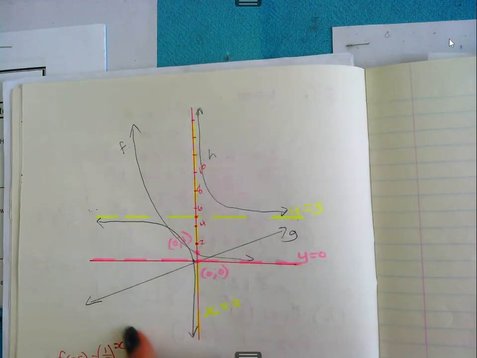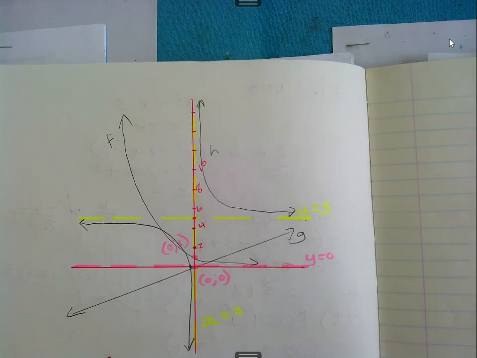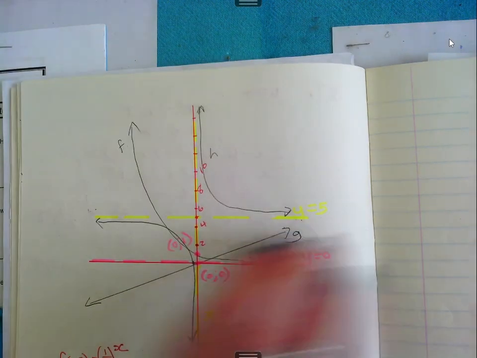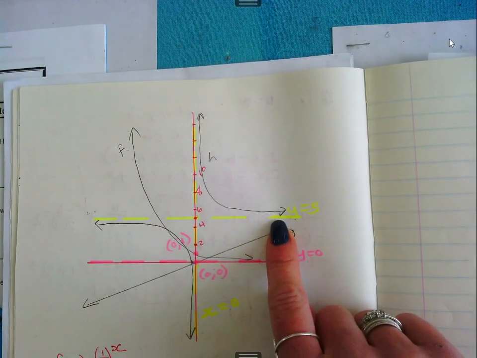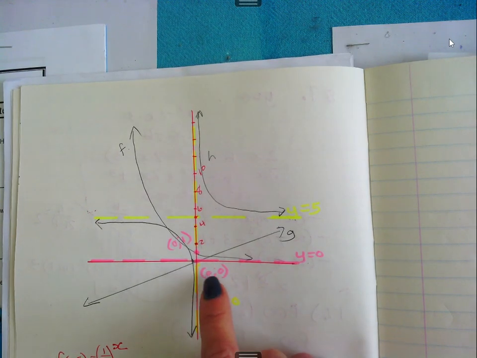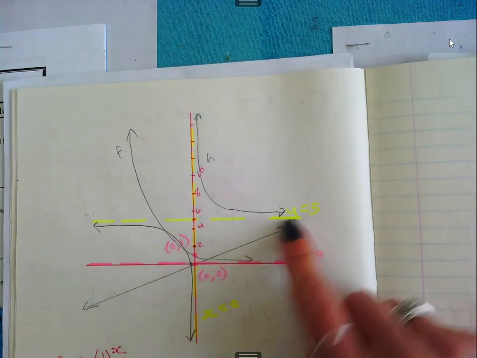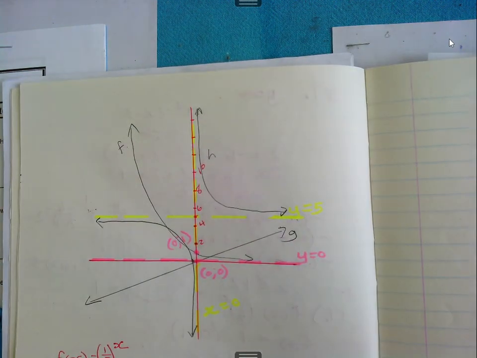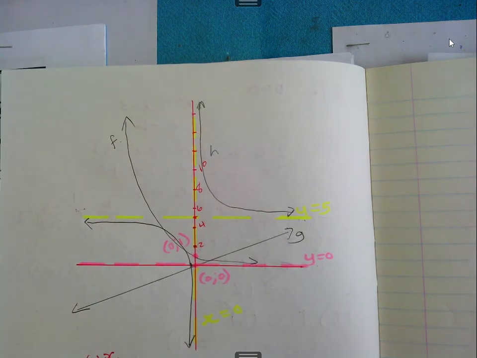It's increasing, but don't let it go up too steep, because the gradient's a fifth. That means it's a small gradient. So it's rather flat. And then the hyperbola, I put in the two asymptotes. I plotted that x-intercept that I calculated. And then I joined. I didn't calculate another point.